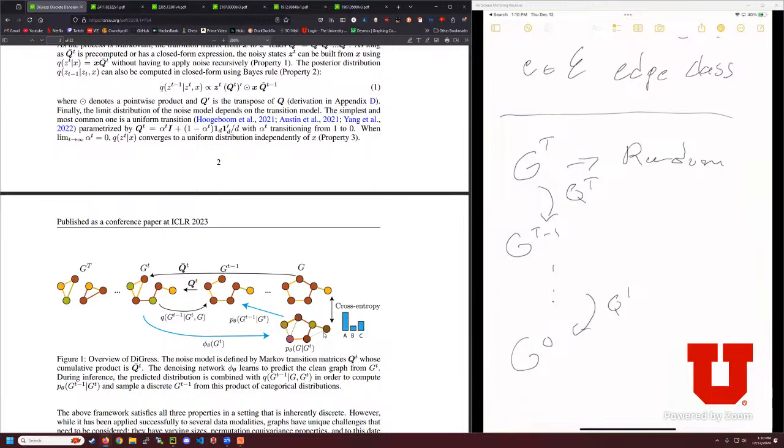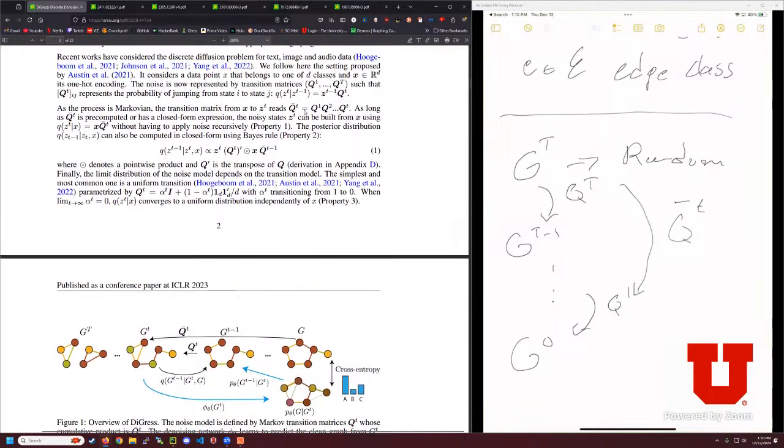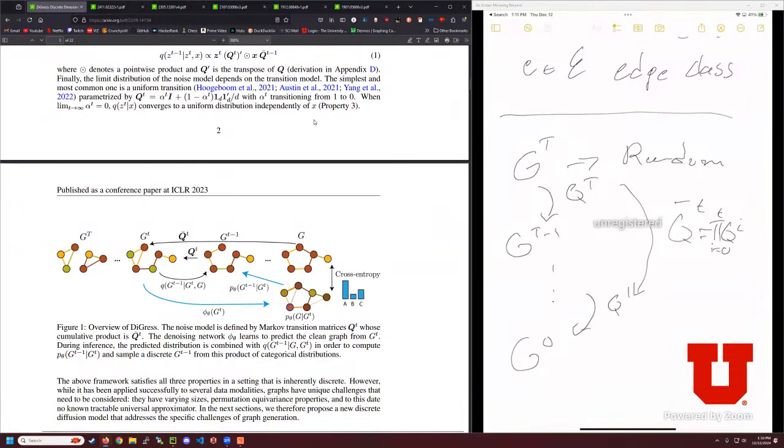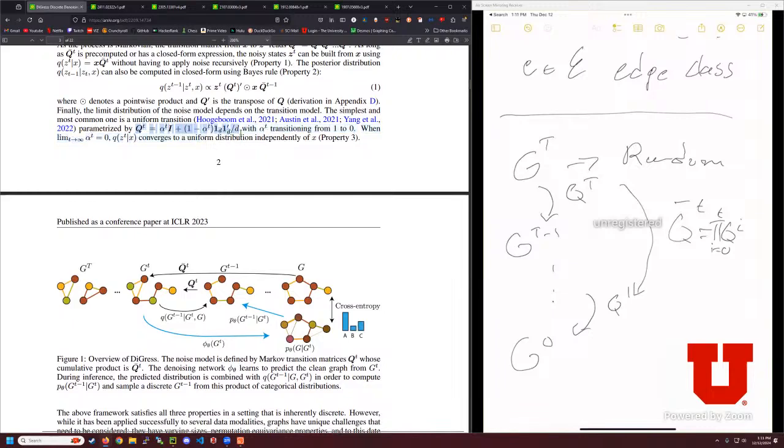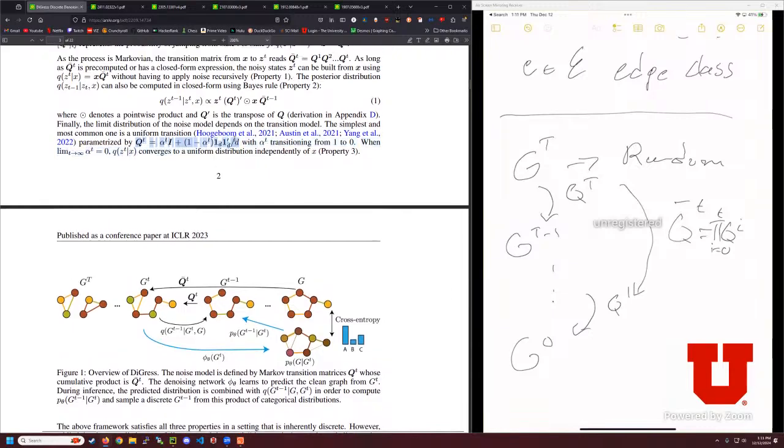Then we can define the overarching Q transition as Q bar of t, which they can show is just equal to the matrix multiplication. So their denoising is kind of like multiplication. It's not like adding some noise or subtracting some noise. But they're going to assume it's a certain type of noise, a categorical distribution.